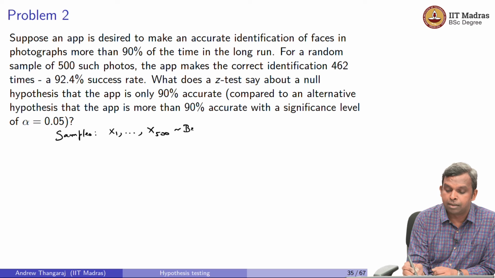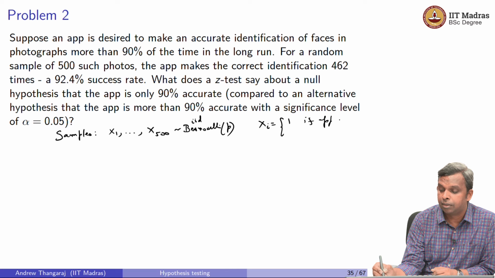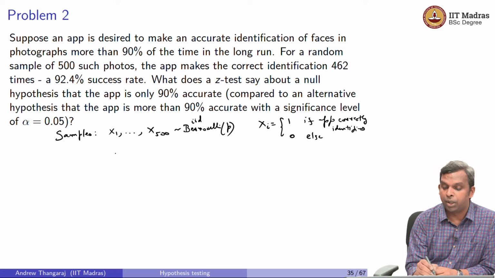We can take these as IID Bernoulli p. Okay, and what is Xi? Xi is 1 if the app correctly identifies, and zero else.